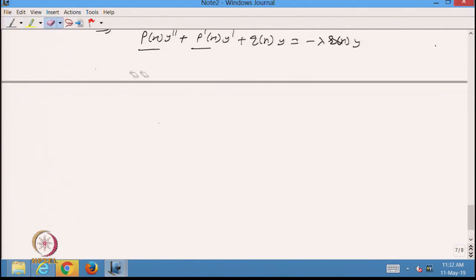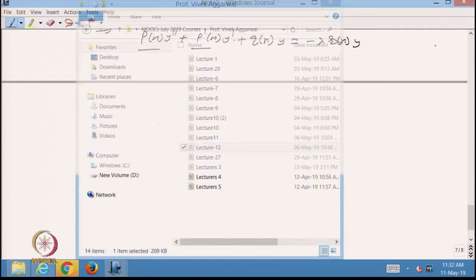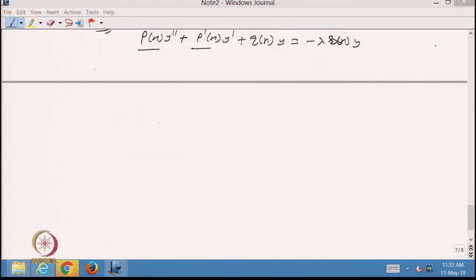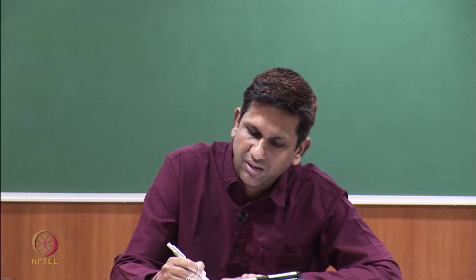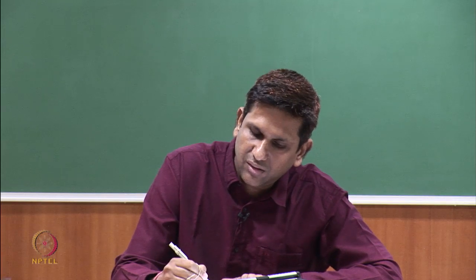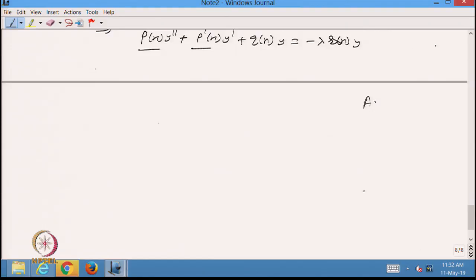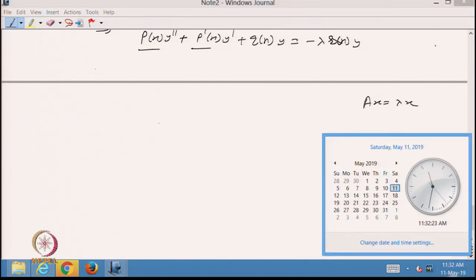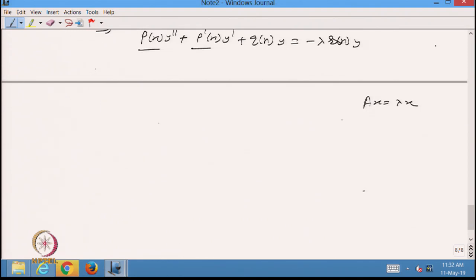Now, if you remember, the same thing happens when we take the analogous form in matrix theory. In matrix theory we know that Ax is equal to lambda x, and then I define the inner product in that form.